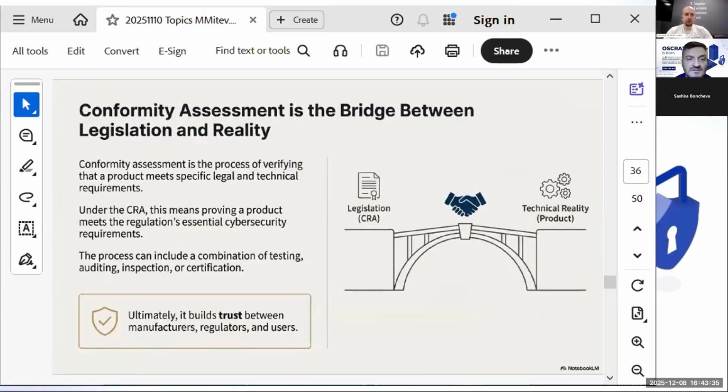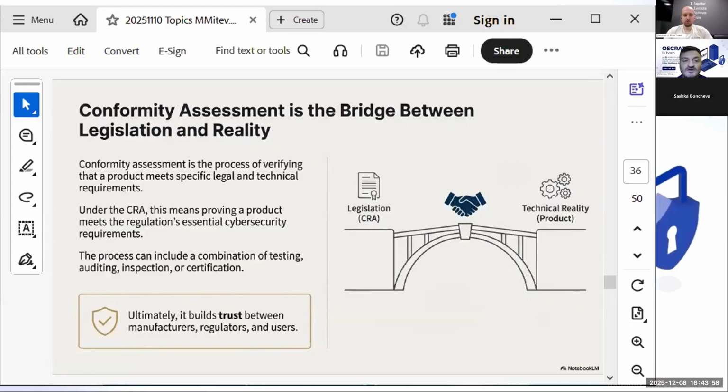Conformity assessment is the process of verifying that a product meets specific legal and technical requirements. Under the CRA, this means the manufacturer must prove that the product follows the essential cybersecurity rules in the regulation.